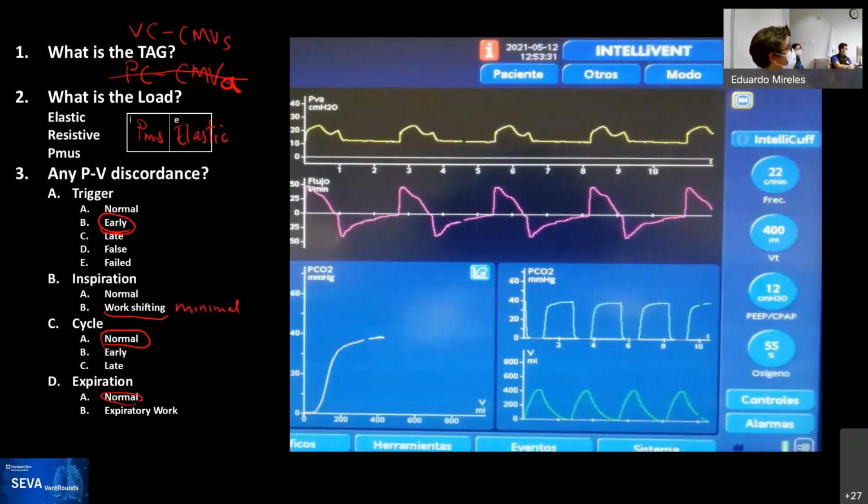So the question is, why is Eduardo lying to me? Why is the waveform not a beautiful square or triangle?